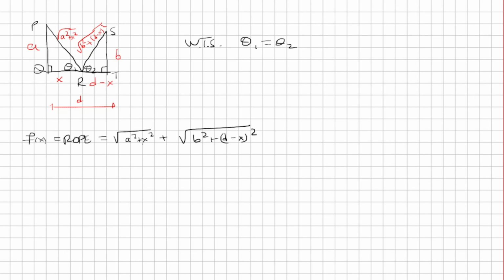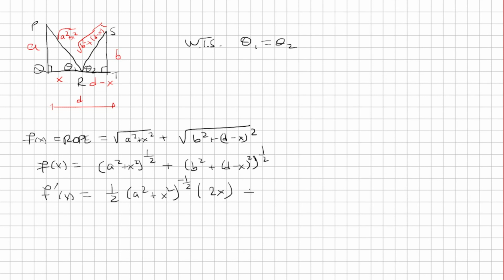We want to minimize this. How do you minimize? Let's take the derivative. But before I take the derivative, let's just rewrite this as whatever is inside the parentheses raised to the 1/2 power. Now let's take the derivative. So we have to apply the chain rule.